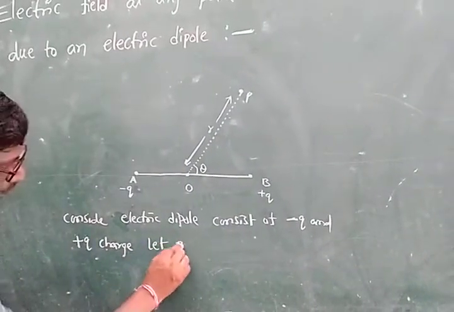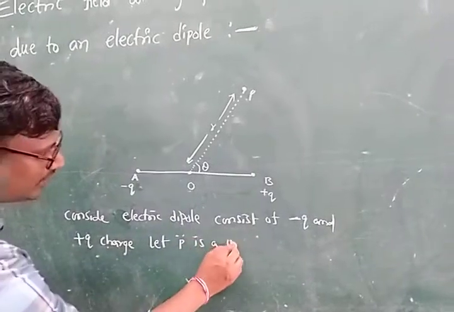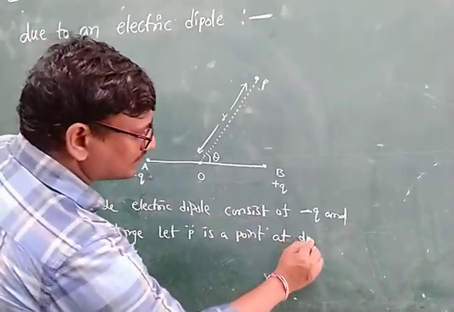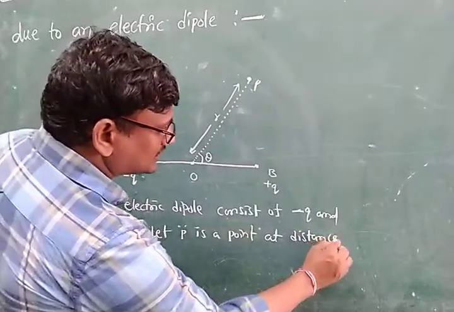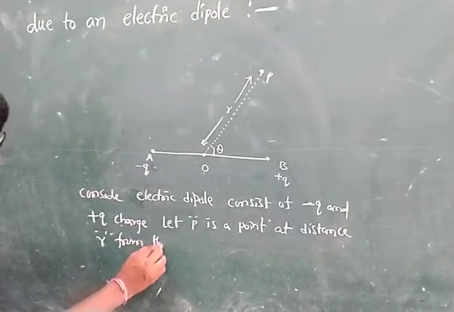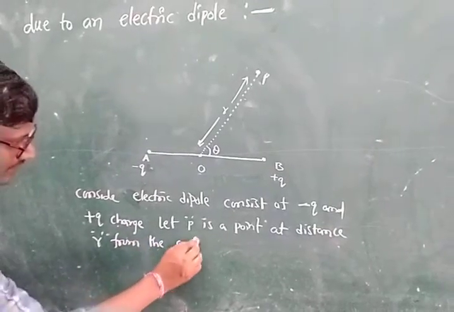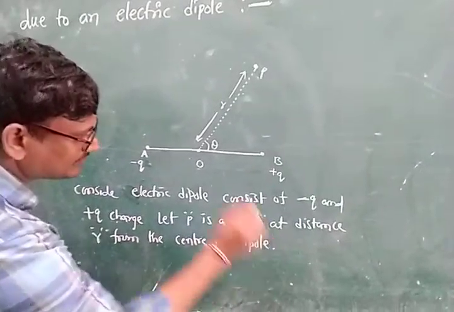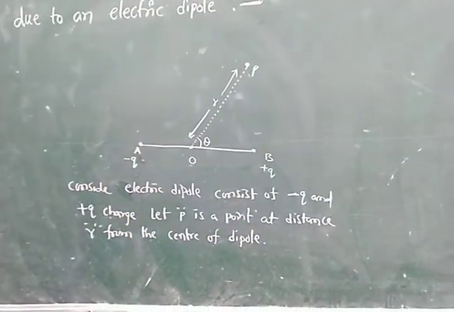Let P be a point at a distance small r from the center of the dipole.